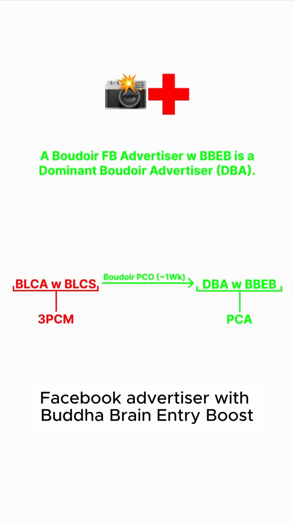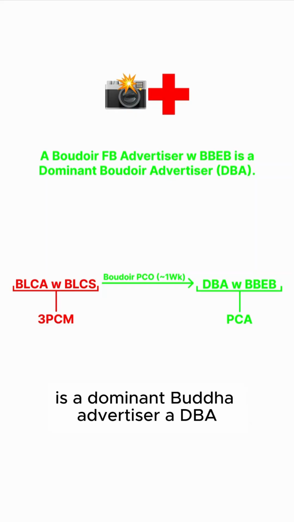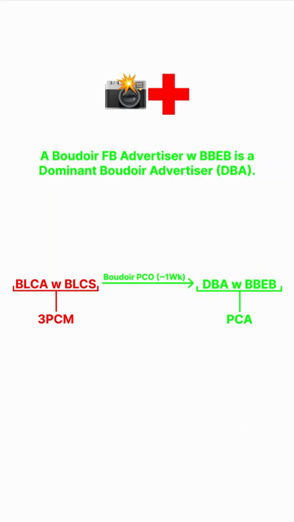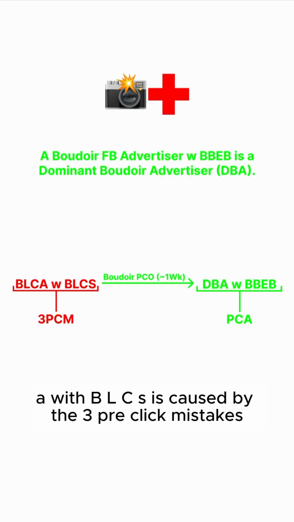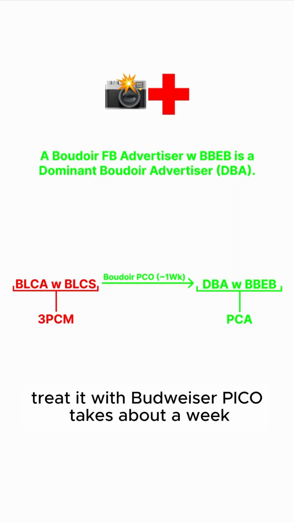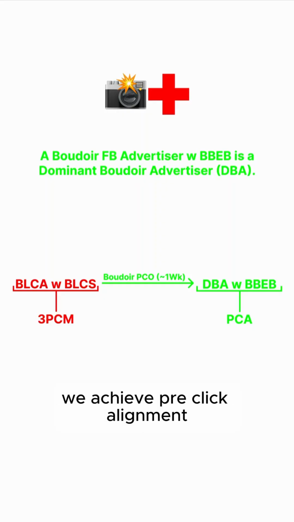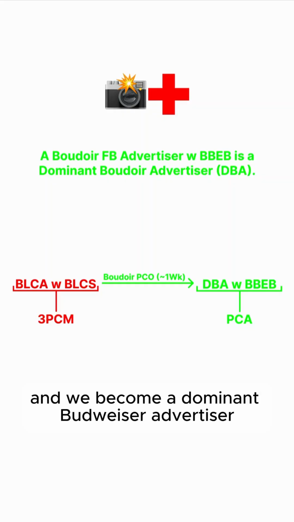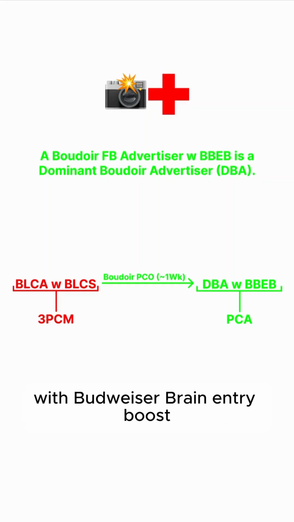And a Boudoir Facebook advertiser with Boudoir brain entry boost is a dominant Boudoir advertiser, a DBA. So this is our full universe here. A BLCA with BLCS is caused by the three pre-click mistakes. And we treat that, easy to treat with Boudoir Pico, takes about a week. We achieve pre-click alignment, and we become a dominant Boudoir advertiser with Boudoir brain entry boost.